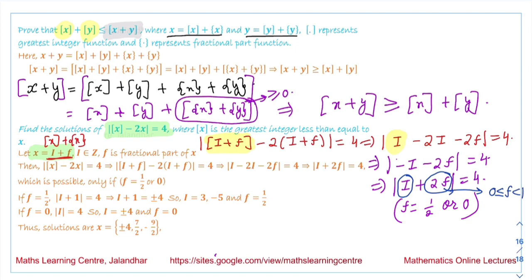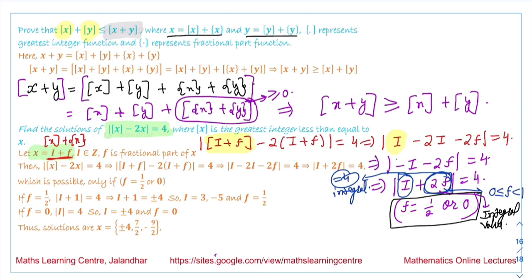So we are asking what are the possible values of f for which I plus 2f is an integral value. For this to be an integral value, 2f should be an integral value. Now 2f will have an integral value only if either f is equal to 1 by 2, then 2f will be equal to 1, or f is equal to 0, in which case 2f will be equal to 0.